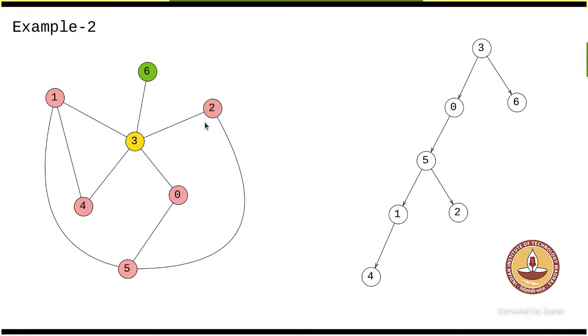For example, 3 to 1, 3 to 2, and 3 to 4 also. Right, so those are the 3 edges. These are not the tree edges. These are part of the original graph, but do not feature in the depth first search tree.